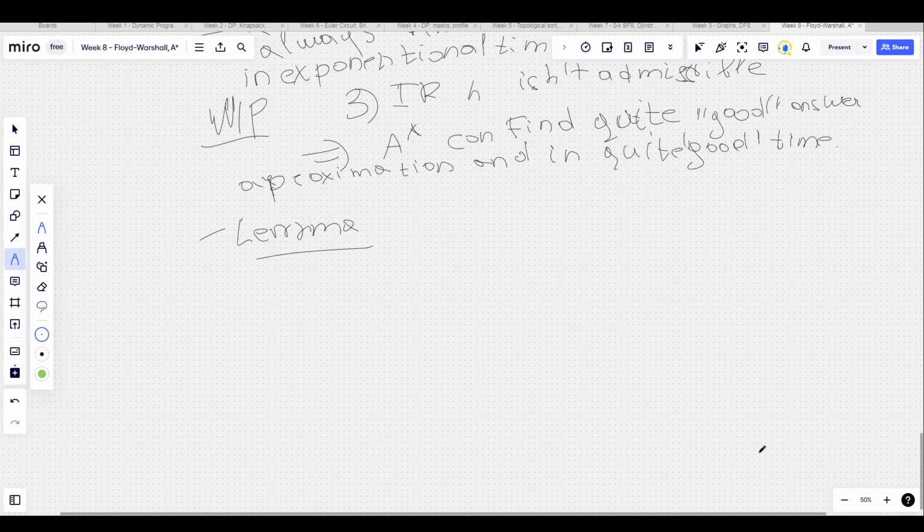So you prove this theorem by yourself using this lemma.